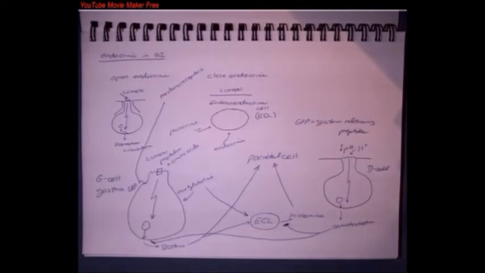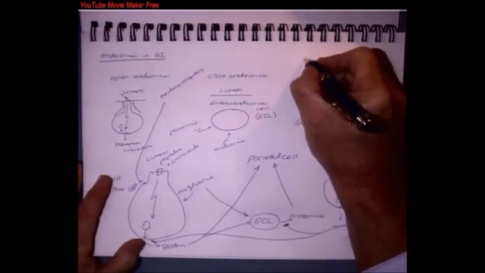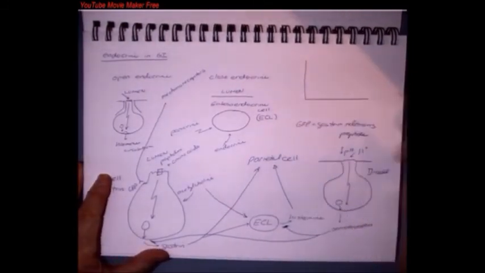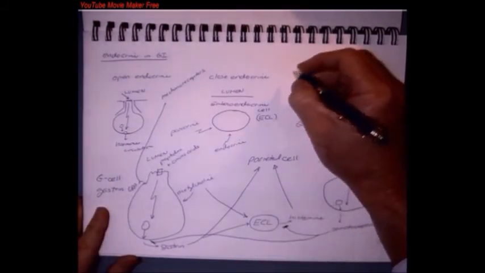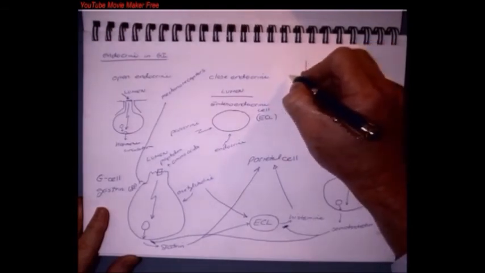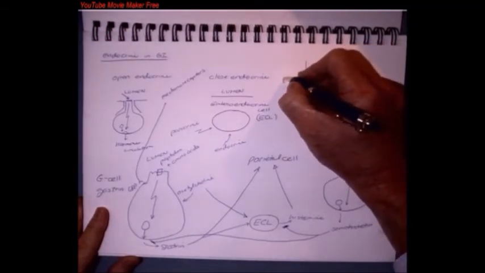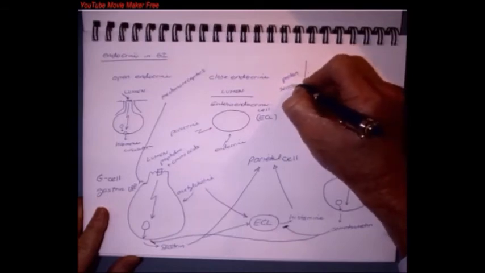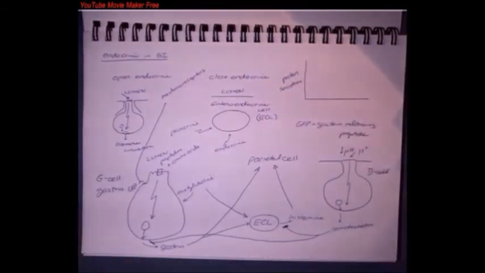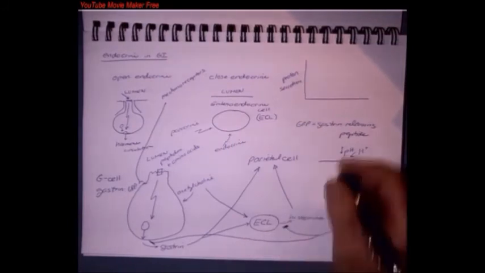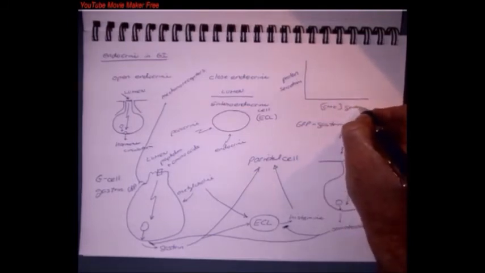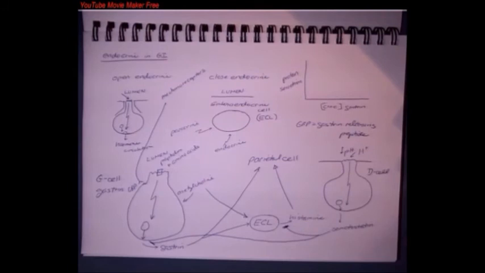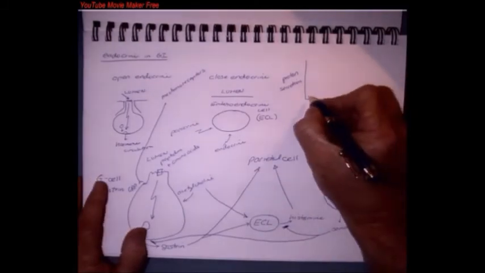Now, a principle of potentiation and synergy. This is really important when Dr. Shuttleworth talks about the GI pharmacology of acid control. So if we measure proton secretion and we measure a concentration of gastrin, what we would see is normal kinetics that we would expect.